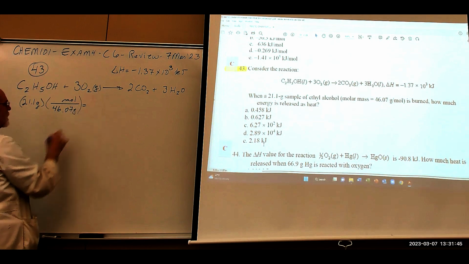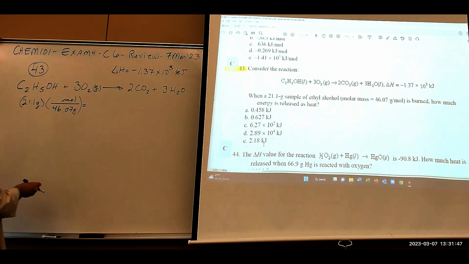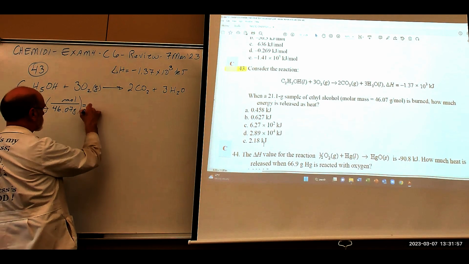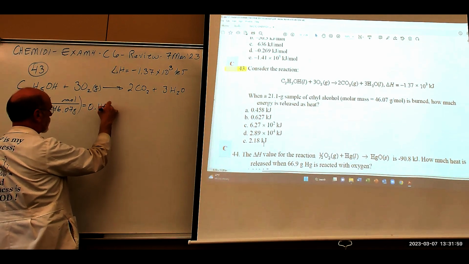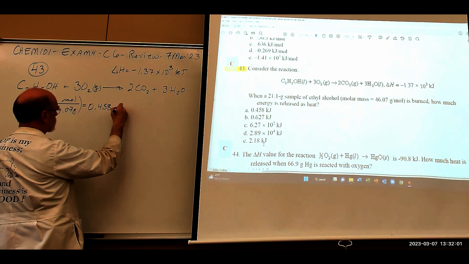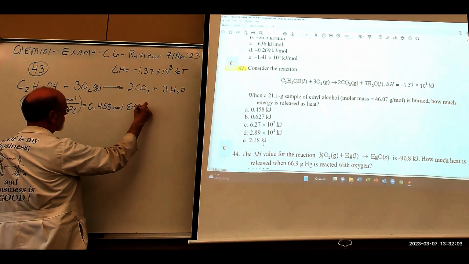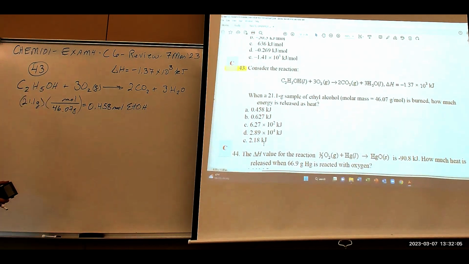Okay, so we need to find, that'll tell us it's a little less than half a mole. 21.1 divided by 46.07 is 0.458 moles of ethanol. That's my abbreviation for ethanol.